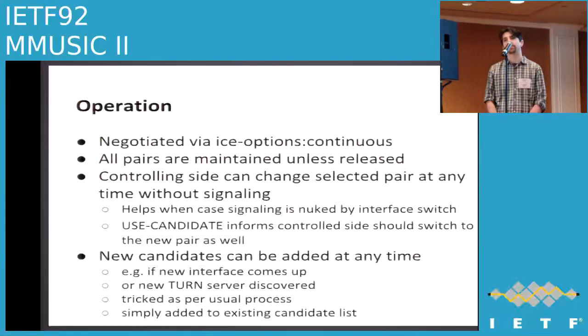This doesn't really talk about the idea of having multiple selected pairs, being able to send media over multiple paths, which MPRTP would require. However, I think that once you have multiple pairs, you're already well down the way of being able to do MPRTP. And like I said, when I reviewed it the last time, I think they were consistent. I invite you to take a look at this and see if there are any issues.